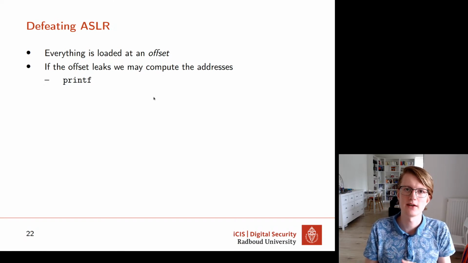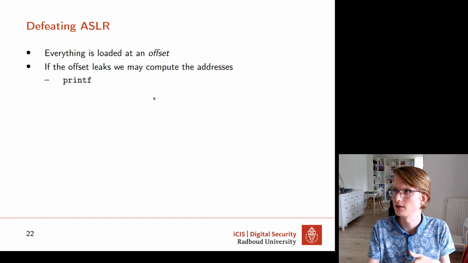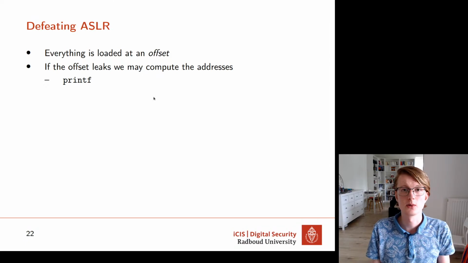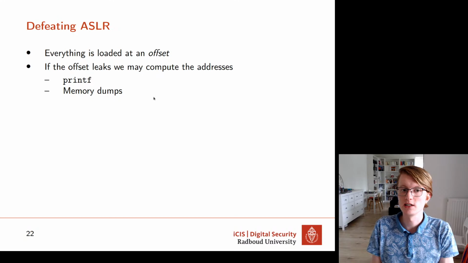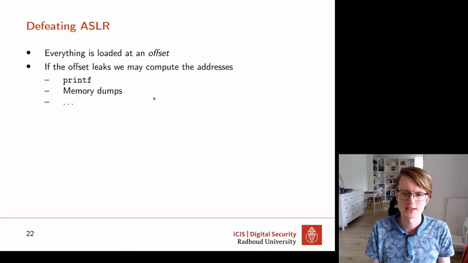Well, if you have printf, then you get some pointer, and you know what you expect, and then the offset, and then simple maths, and you can compute this address. Memory dumps are another good way to leak it, especially if it's not randomized every time you execute it again, but only at every reboot. If the program crashes, it might save a memory dump, and then you use this memory dump to figure out the offset. There are many other ways.